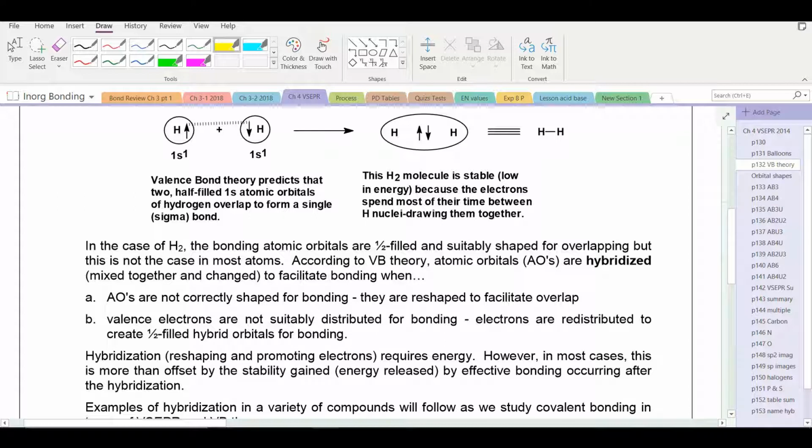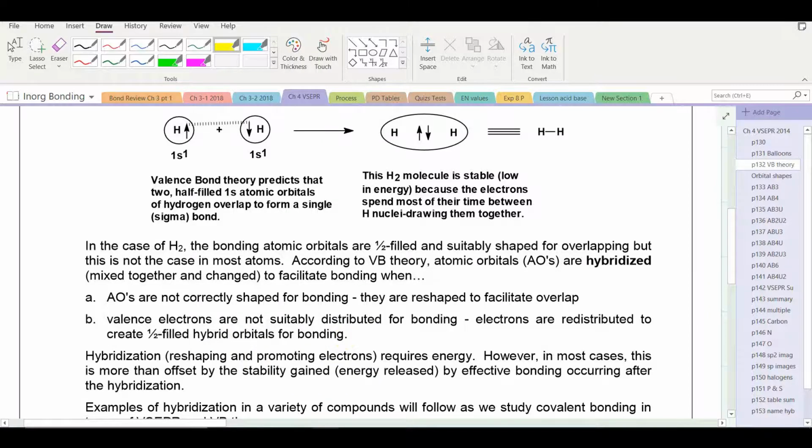And why not? They're just electron clouds. Why can't they distort their shape to do so? Hybridization also occurs when valence electrons are not suitably distributed for bonding. If we don't have half-filled orbitals, then electrons are redistributed to create half-filled hybrid orbitals for bonding.